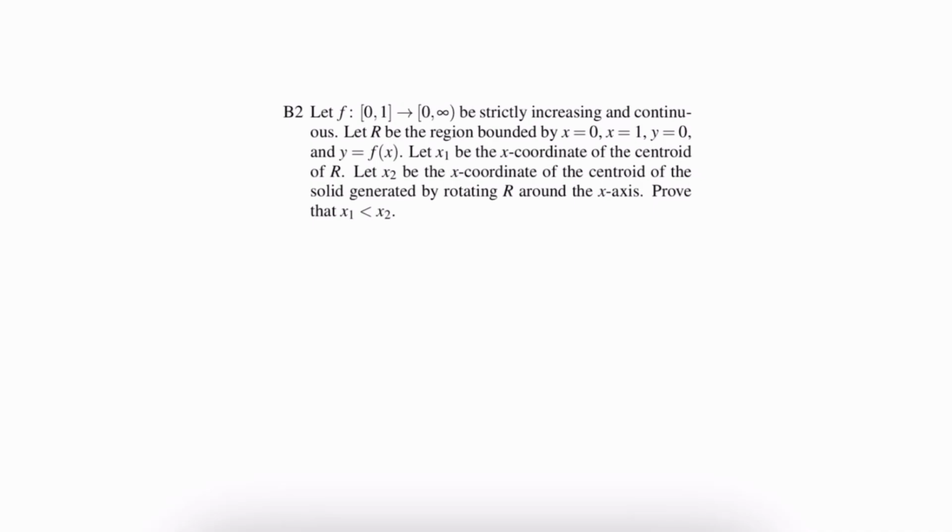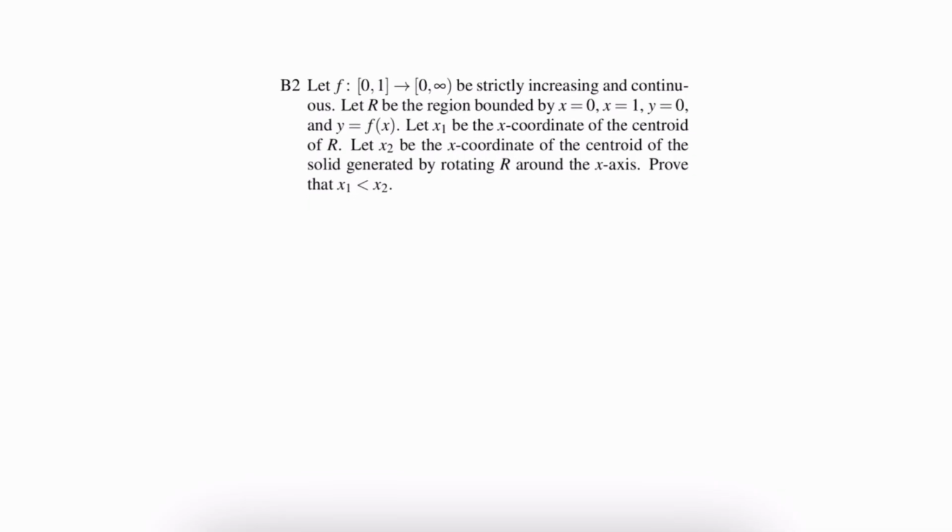Today we have problem B2 from the 2025 Putnam, where we're given a function f from the closed interval 0 to 1 to 0 to infinity, and it's strictly increasing and continuous.